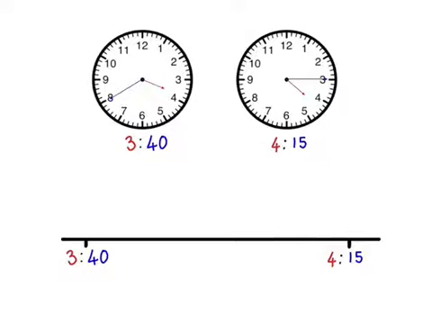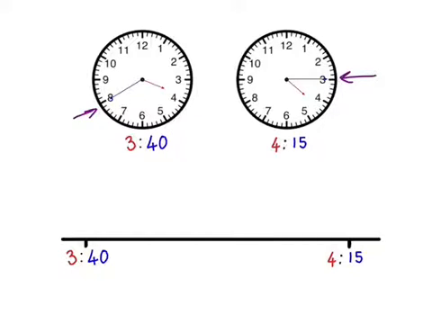Now, it's lovely when you're given a clock, but you're not always given a clock, and drawing two clocks out takes absolutely ages, but you can do a number line much, much quicker. So this one here, I need to know how long it takes to get from 3:40 to 4:15. Well, 3:40, the minute hand is here, and it needs to get to here for 4:15.